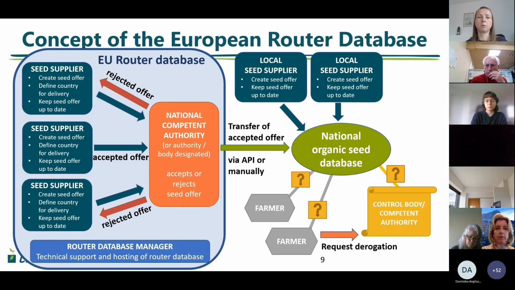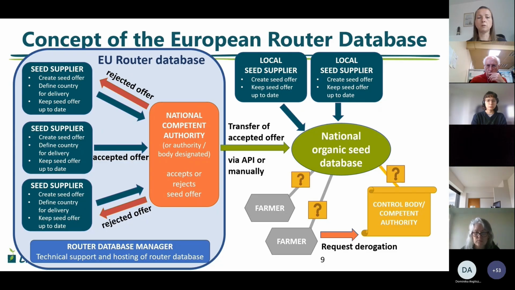The concept of a European router database is just illustrated here. On the left hand, there's a European router database where the international seed supplier can register, create an offer, and then send it to a national database, a national competent authority.